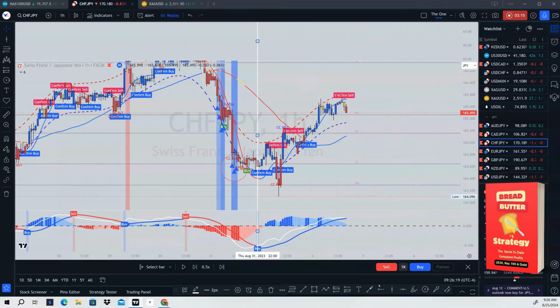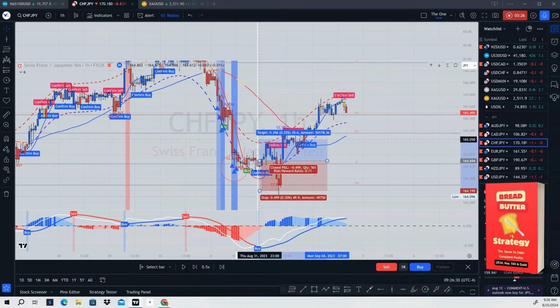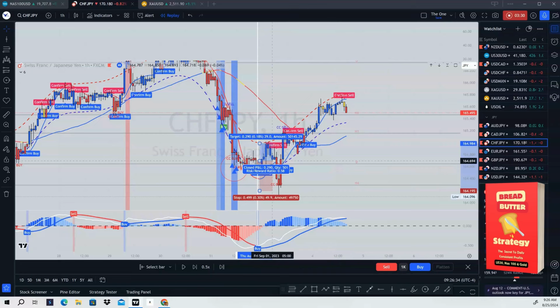So if we took an entry there on that candle for a long position, let's say we were shooting for 25 pips. Voila, we won that trade. So let's go through this.